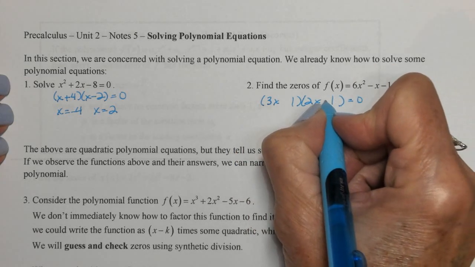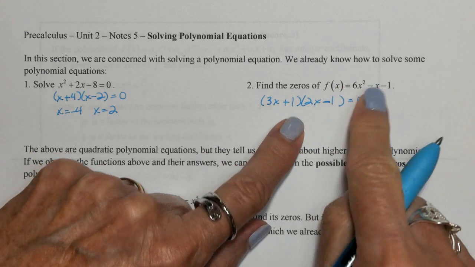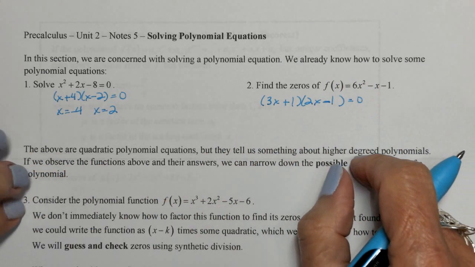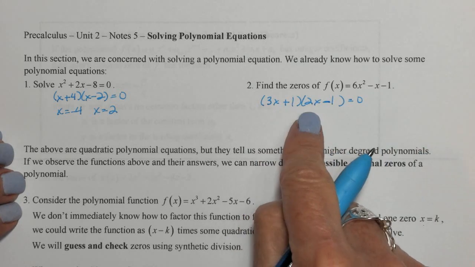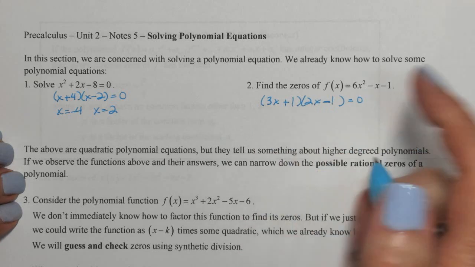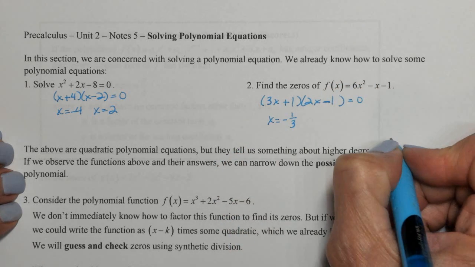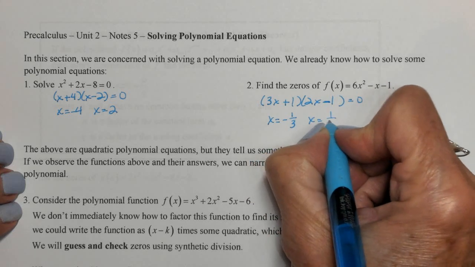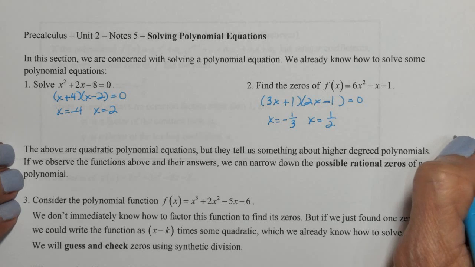We're going to need the minus here and the plus here, and I FOIL that back out, make sure I can get that negative x inside. It all checks out. So now we have two factors multiplied together to equal 0, so one of them has to be 0. So x could be -1/3 from this factor, and x can be 1/2 from the other factor. So nothing new with those.